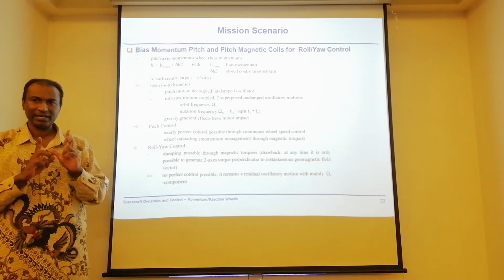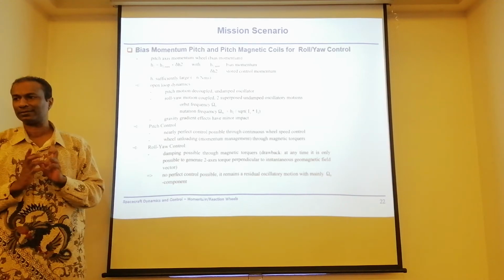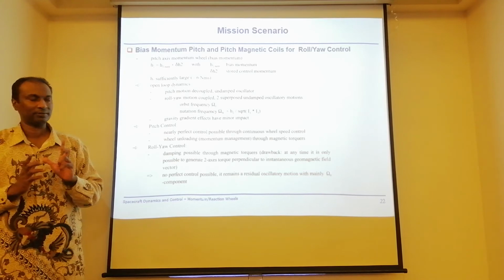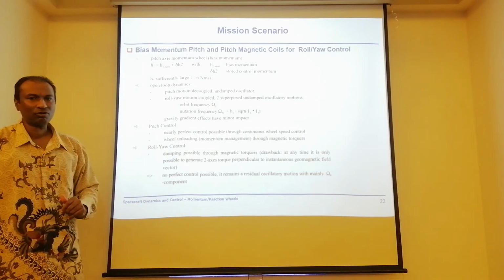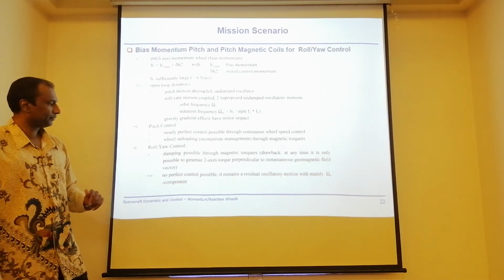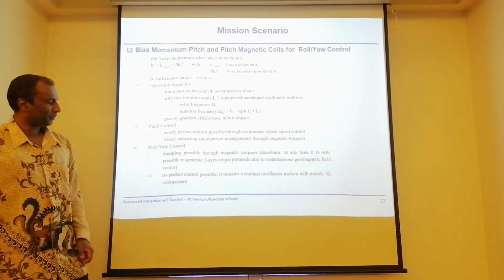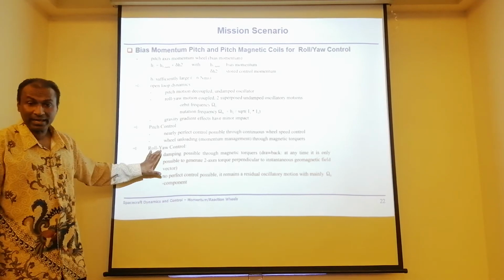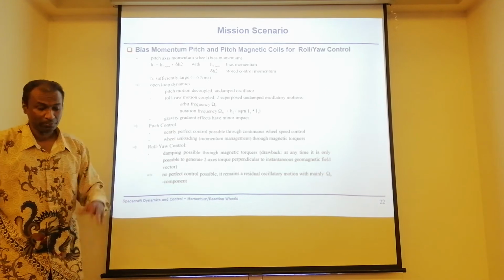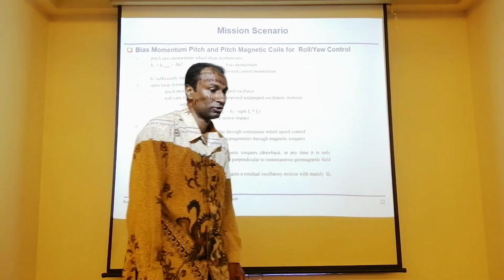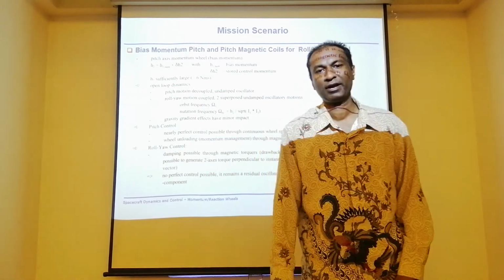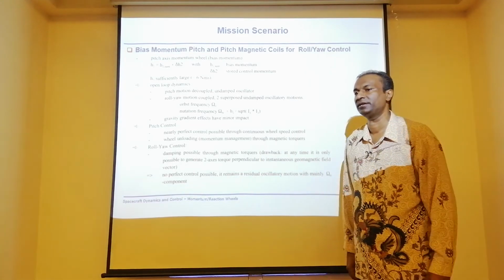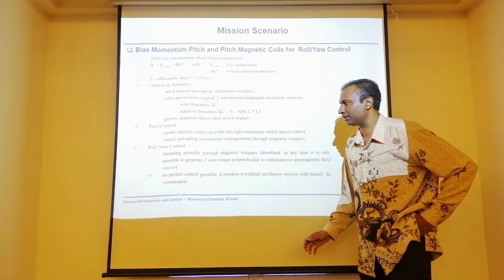You can get it perpendicular to two axes in order for you to generate the torque, but not all three axes. Okay. No perfect control is possible. But again, don't forget, roll and yaw at 0.5 degrees with very low cost control options that you have. You can still have 0.5 degrees of accuracy, which is reasonably good.